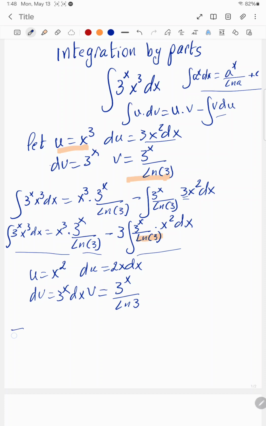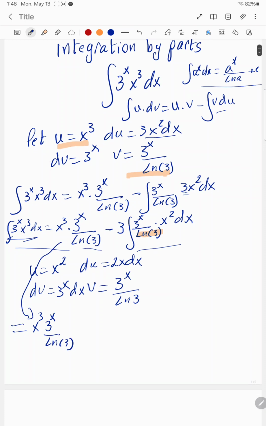So let's rewrite it. That integral will become equal to x cubed times 3 to the power of x divided by ln of 3. So I copied this here, minus 3, and I open my big bracket, and I know here I have a division by ln of 3 that I did not use. Let's write it right away, divided by ln of 3. Now it is u times v.